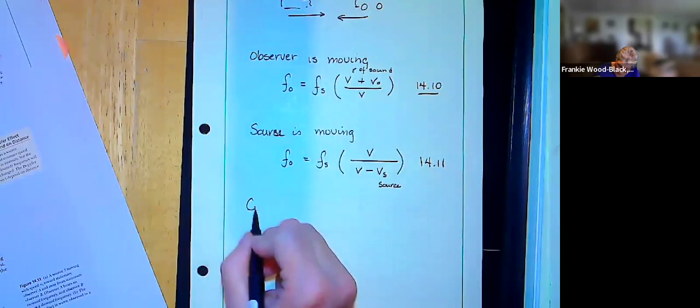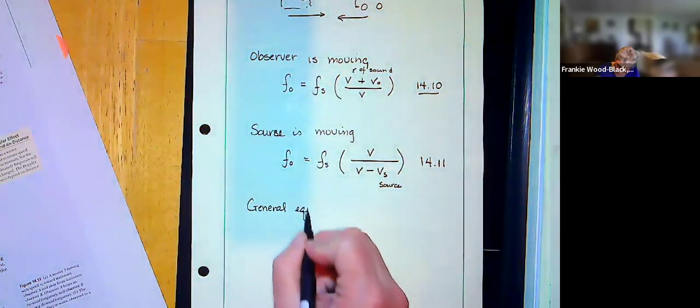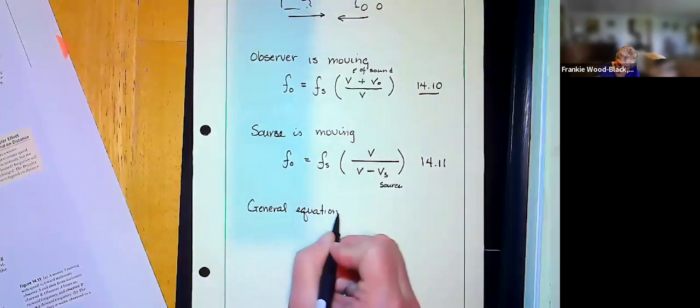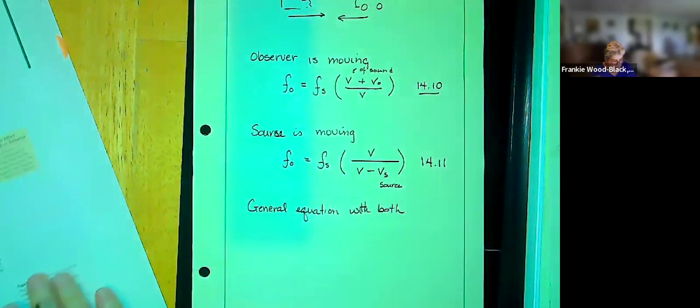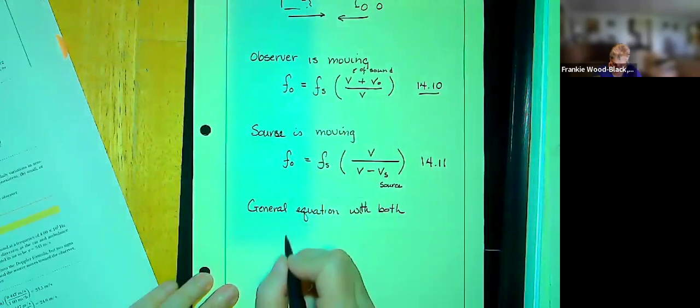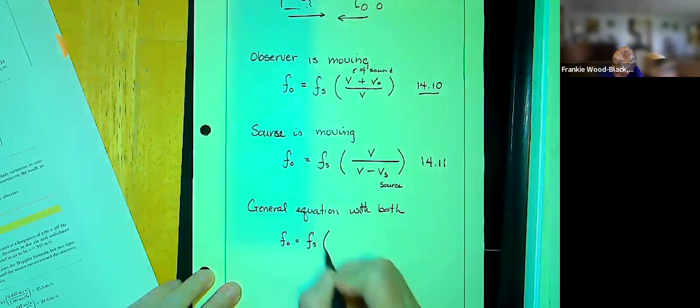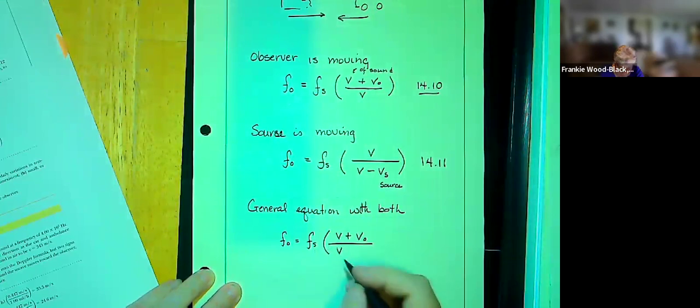The general equation, when you have both, you can combine the two and you get something that looks like this. Speed of sound plus the speed of the observer, over the speed of sound minus the speed of the source.